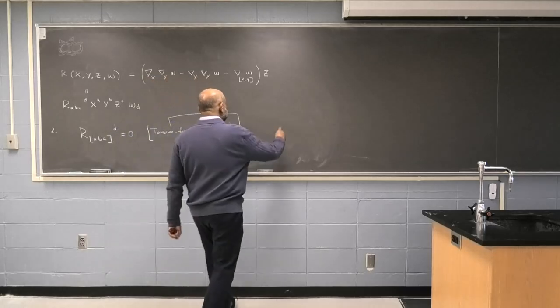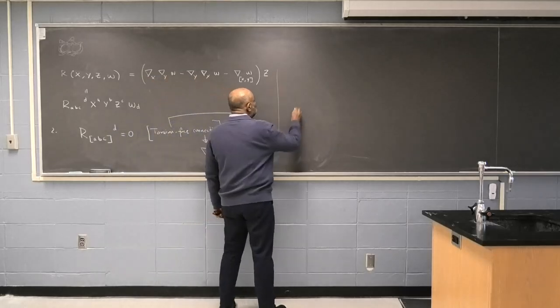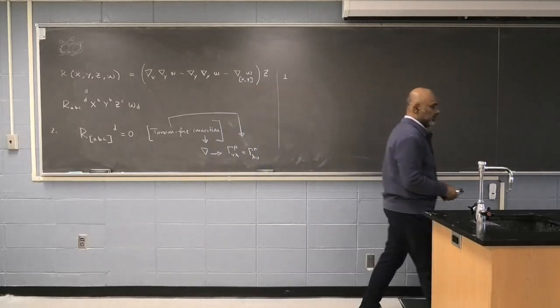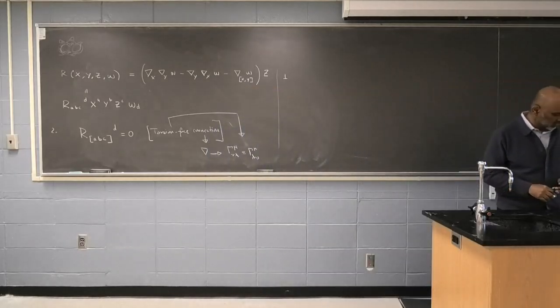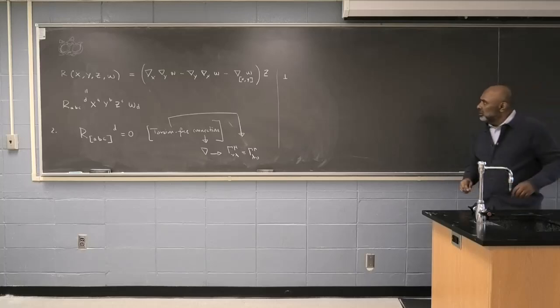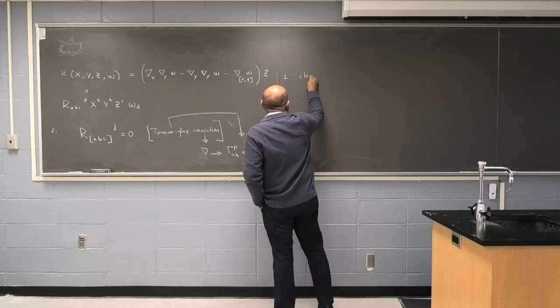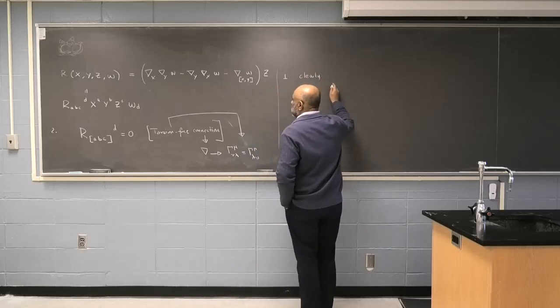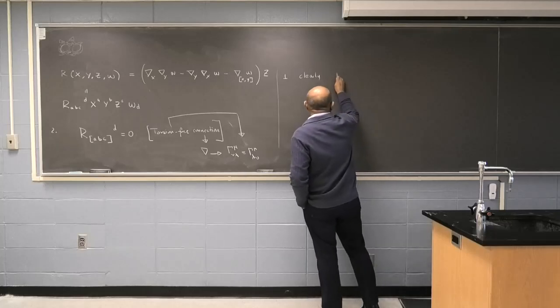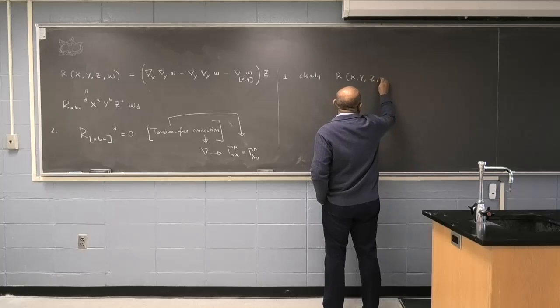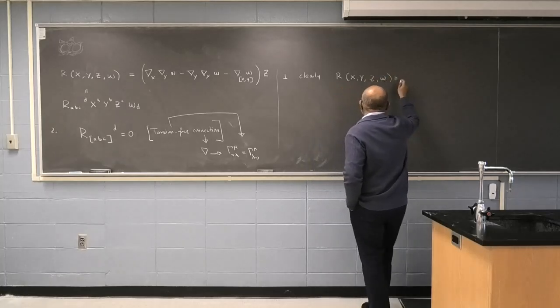So going slightly out of sequence, property 1 is much easier. This is a statement I'll almost make without any proof, but if not, let me know. Is this true, guys? When I say clearly, you should say, yeah, of course it is true.